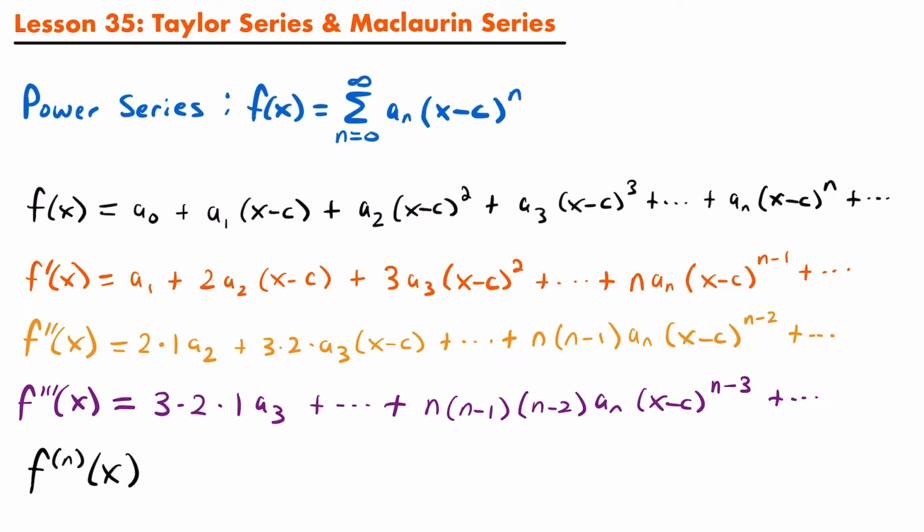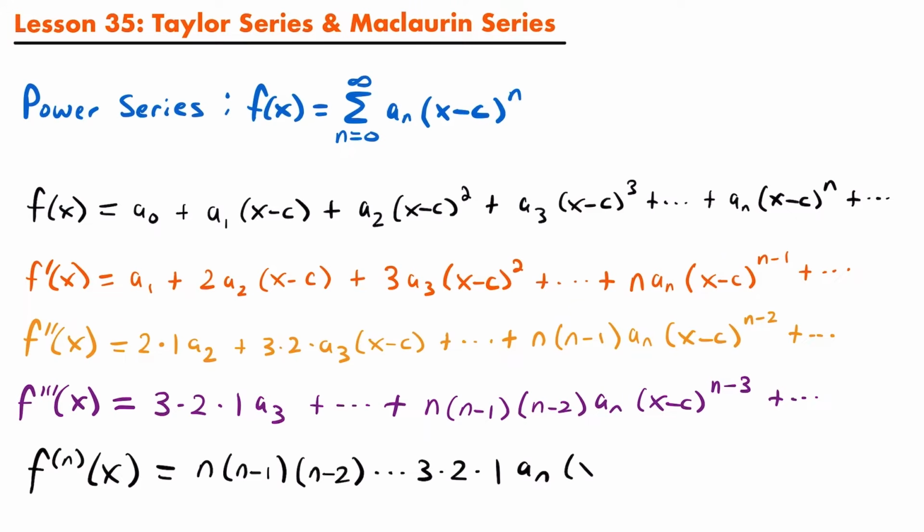So let's write that out. The first term of the nth derivative would look like this. We would have n times n minus 1 times n minus 2, and then you would continue to multiply by values 1 less than n until you get to 3, and then you would multiply by 2, and then you would multiply by 1, which would then bring you to a sub n, right?